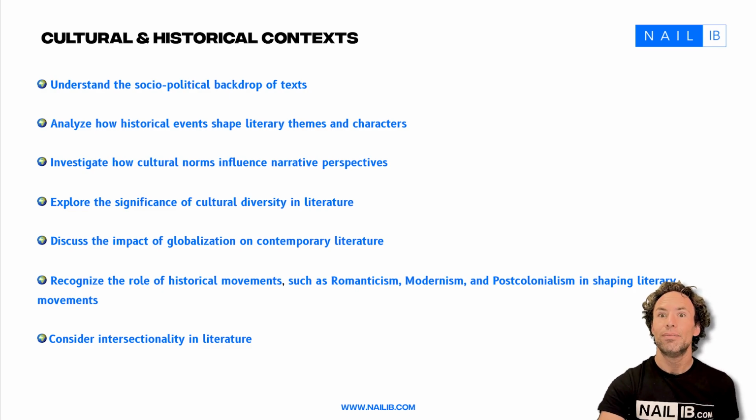They serve as catalysts for literary exploration. If we can go back, consider recent history, far history, and consider those in our analysis, it shows a level of critical thinking that the IB are looking for: can we address that history and consider how it's affected the present or the book that we're reading? The history often provides a backdrop against the characters also, like the influence on the characters and how the characters became those kinds of people.